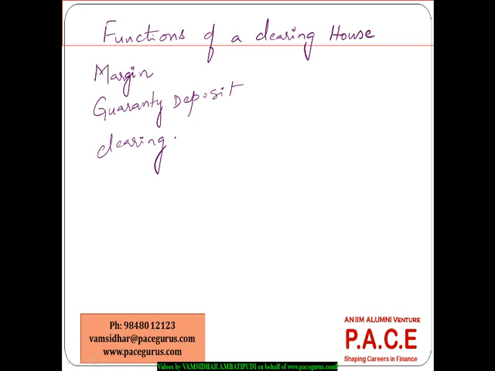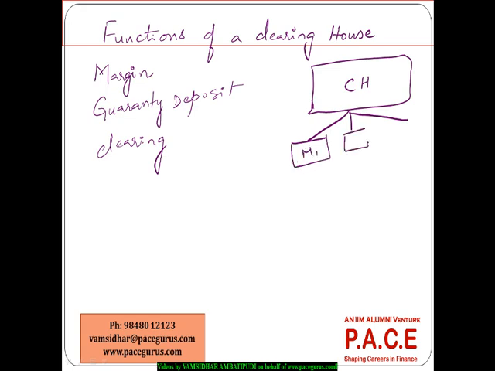So whenever we are talking about, okay, let me talk about this as being the clearing house. There are various members of this clearing house. So they deposit funds with the clearing house.